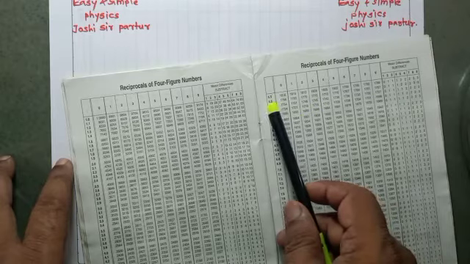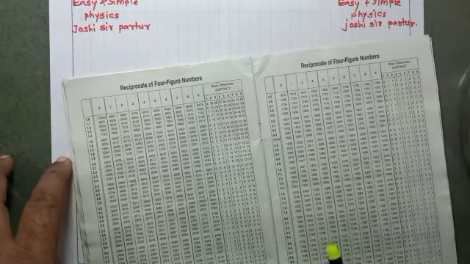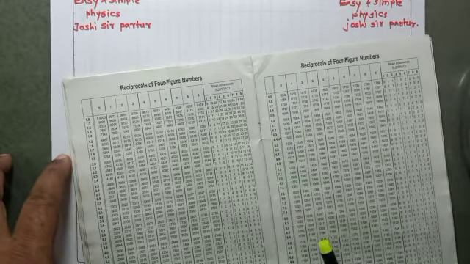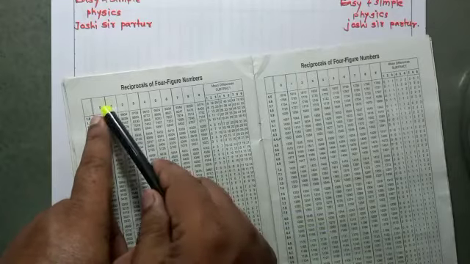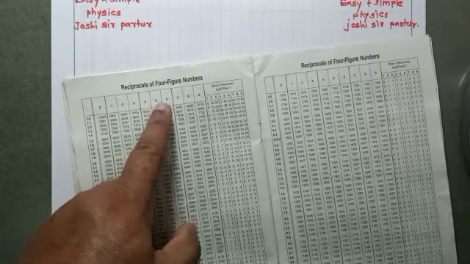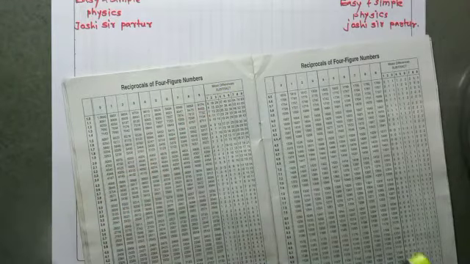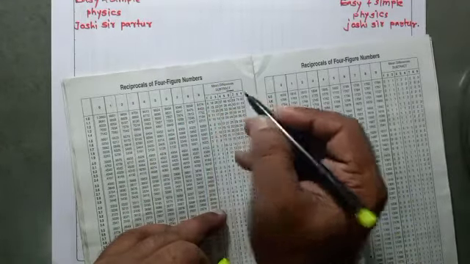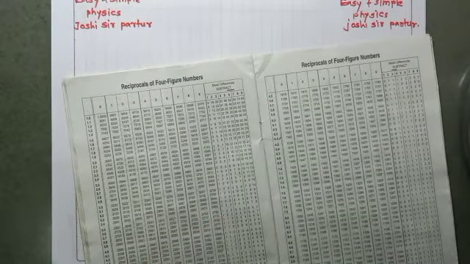Here on the next page, 5.5, 5.6, 5.7 up to 9.9, which means we can determine the reciprocal of up to 9.9. The horizontal rows show 0, 1, 2, 3, 4, 5, 6, 7, 8, 9, and there is the mean difference, but in the mean difference, subtraction is given. Subtraction is given means the value in the mean difference will be subtracted.